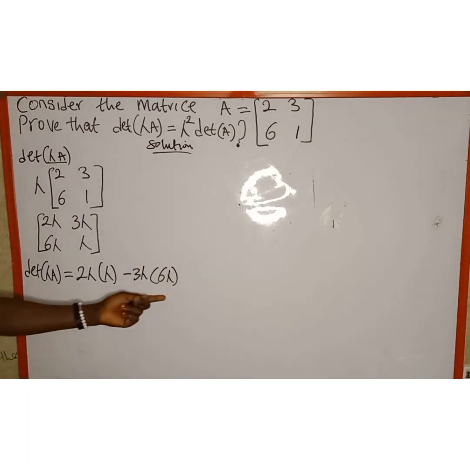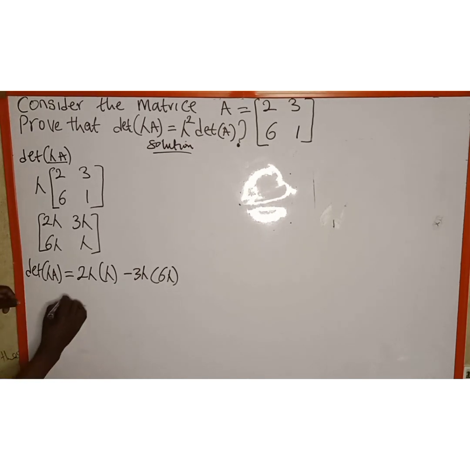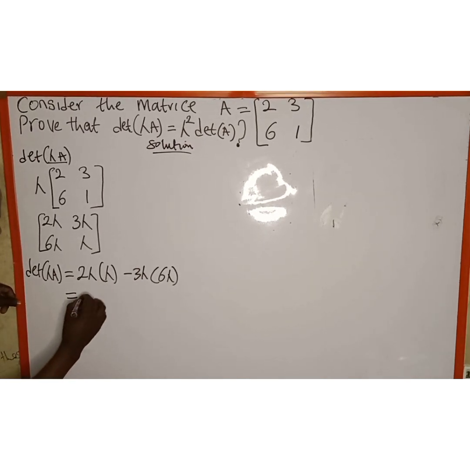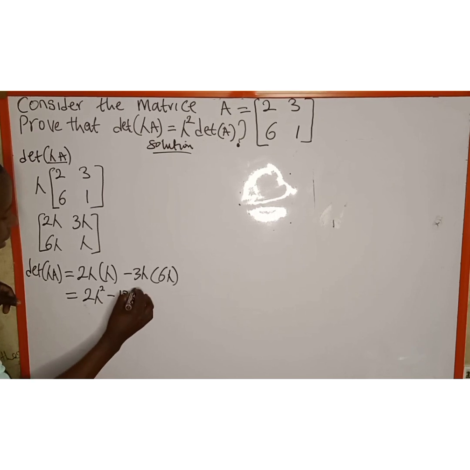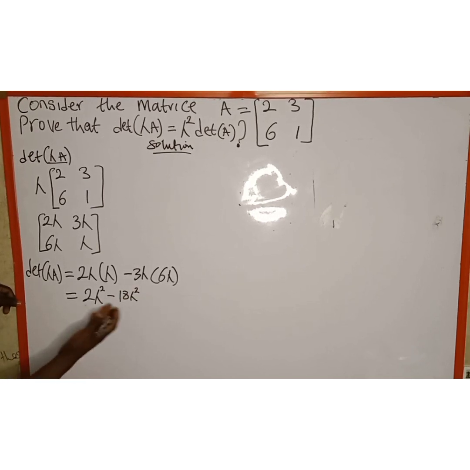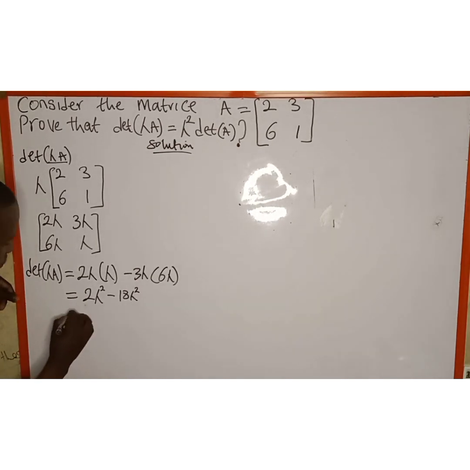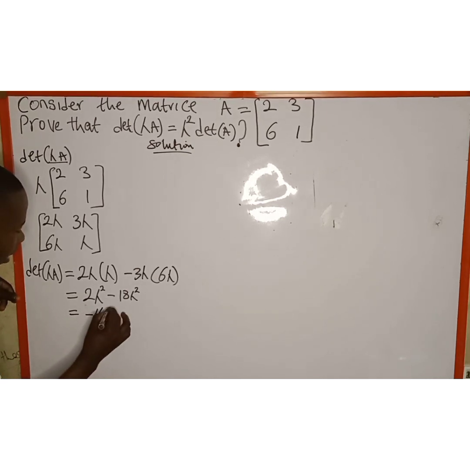The next thing to do is to simplify this. So 2 lambda multiplied by lambda gives me 2 lambda squared, then minus 3 lambda multiplied by 6 lambda gives me 18 lambda squared. So we can subtract 18 from 2 because they are like terms. So we have 2 lambda squared minus 18 lambda squared, which gives me minus 16 lambda squared.